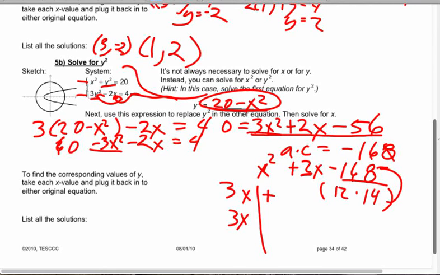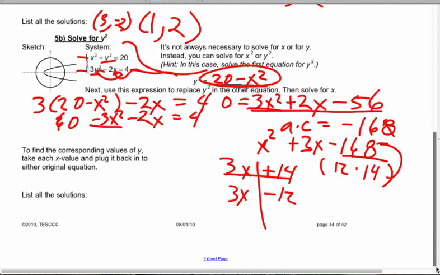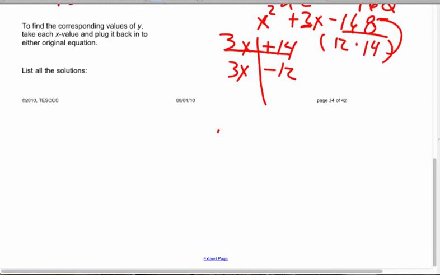I'm going to have a plus 14 and a minus 12. And then you reduce these as much as you can. This one cannot be reduced, so my factors then are going to be (3x plus 14).